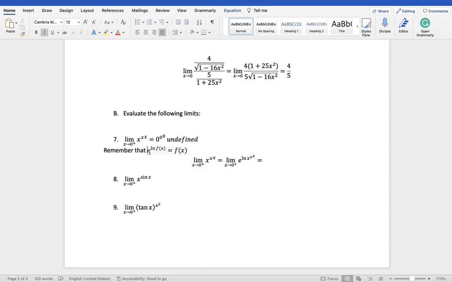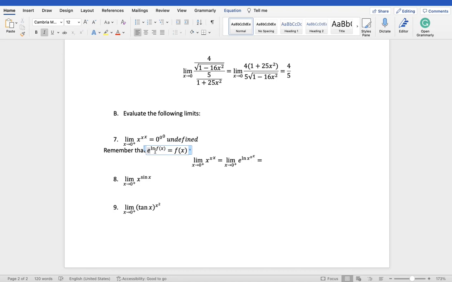So we have this identity from our exponential function. We have the fact that for any function f of x, e to the ln of f of x is just equal to f of x. Okay, so this is an identity of exponential functions that you guys should be familiar with as well.